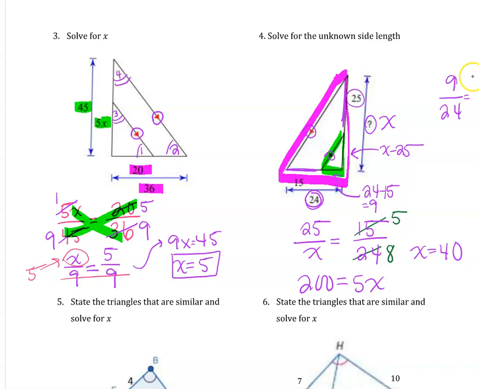Actually, let me move this over a little bit. Part is to whole, as part is to whole, and you could cross multiply and solve from there. You would get the exact same answer that I did before. Okay, so I'll leave that solving for you if you want. Either way, you will get x equals 40.